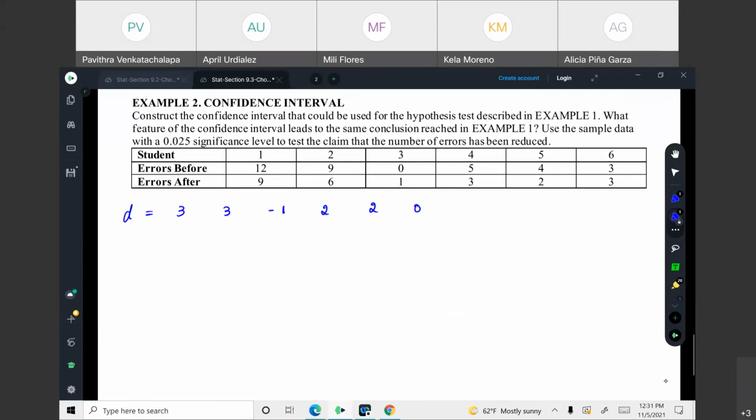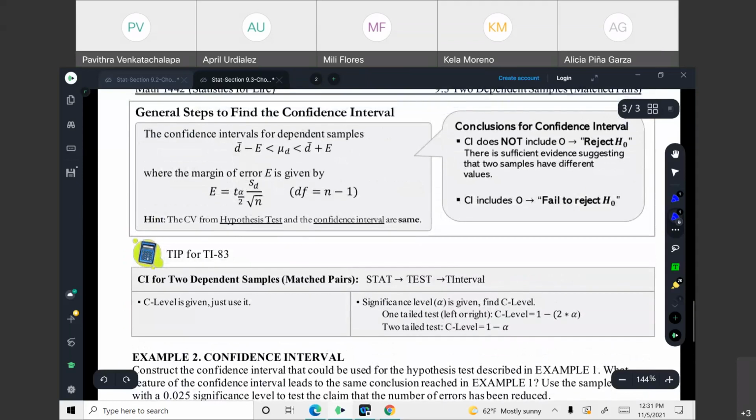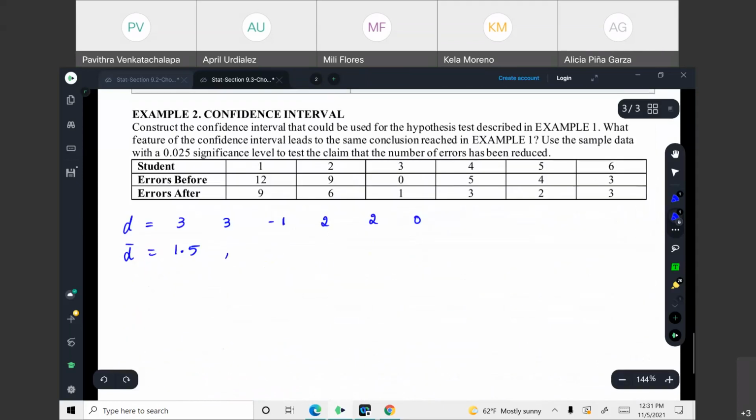Now you need to find d bar, which we did in example 1, and it was 1.5. And what else do we need? We need SD, and that is 1.643. This data is from example 1. N is equal to 6, df is equal to 5.